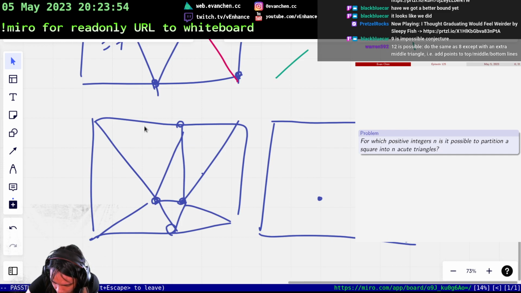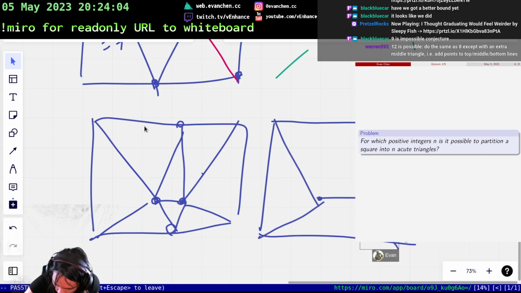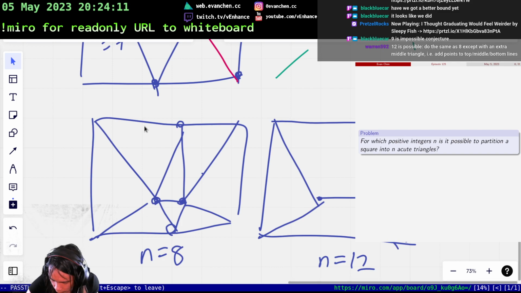Which is top, middle, and bottom? What extra middle triangle? What?